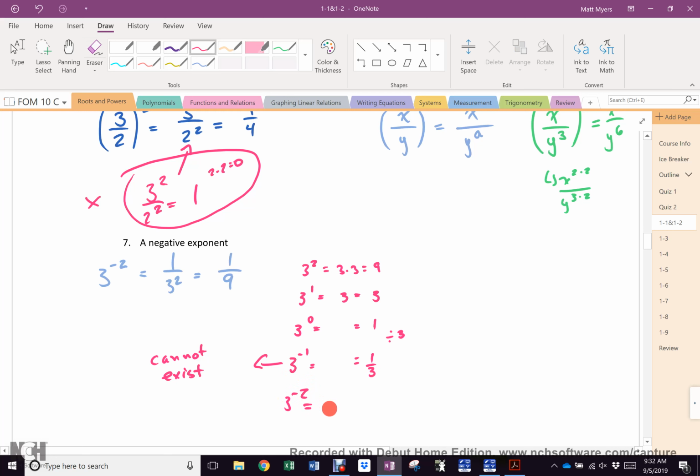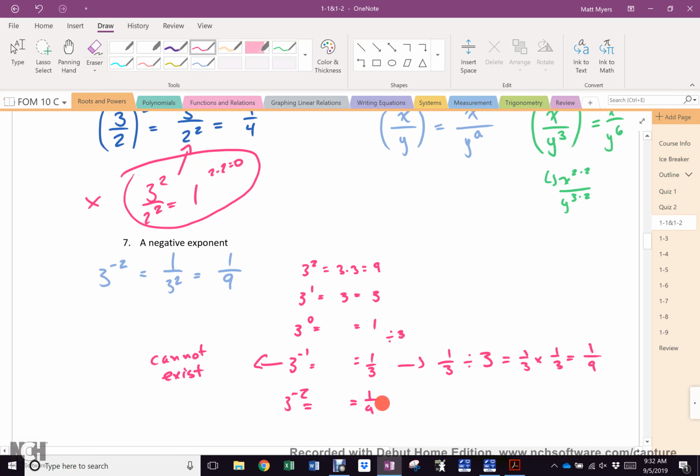It makes no sense. So logically, what must go here? I should be dividing by 3, shouldn't I? So that is 1/3 divided by 3, which is 1/3 times, I reciprocate that one, 1/3. 1 times 1 is 1, 3 times 3 is 9.